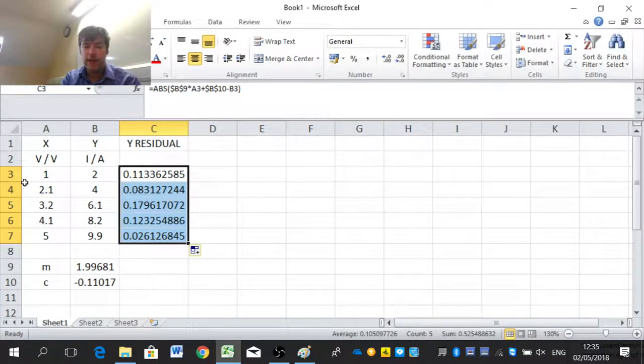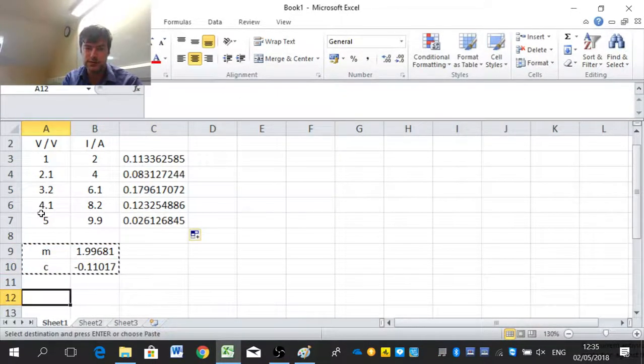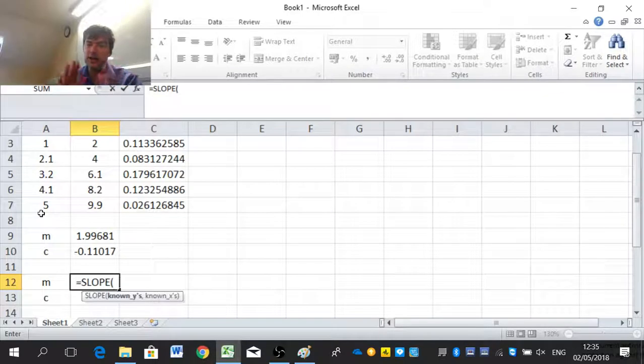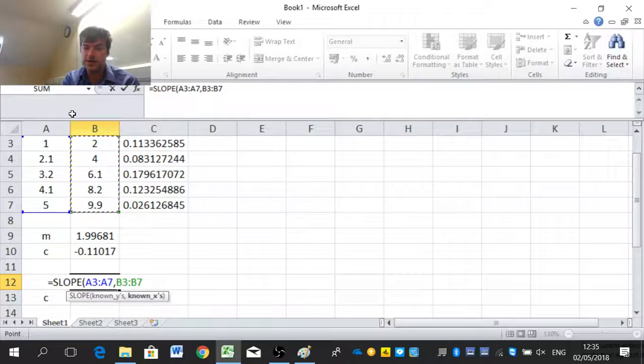So here, I'll copy these down. Let me just delete this. But this time, slope. What do I highlight first now? X. Now I highlight the x's, comma, Y, and now I highlight the y's, close.